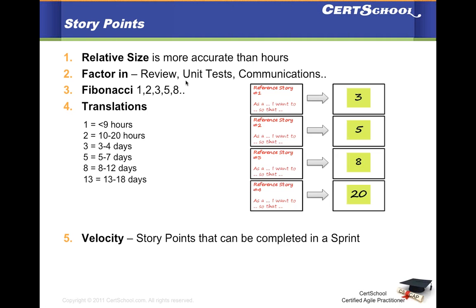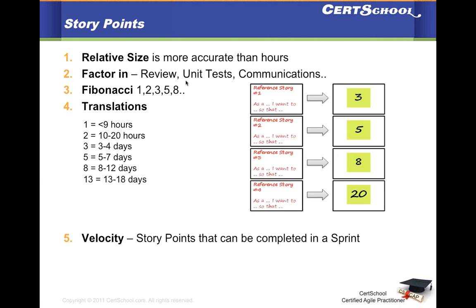My suggestion to everybody who's listening is that if you have a story whose estimate is coming to be more than 13 story points, it means that either you have not written that story following the INVEST principle of the story, which we have talked about as well, that it is not small enough, or you are missing something in your estimate itself, like you have factored in something that may not be needed.